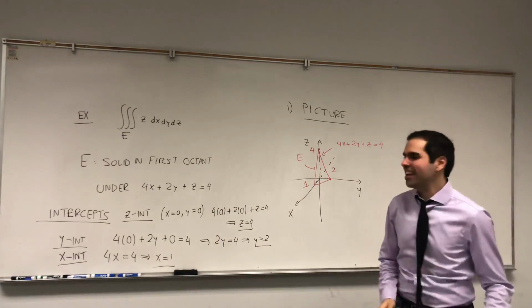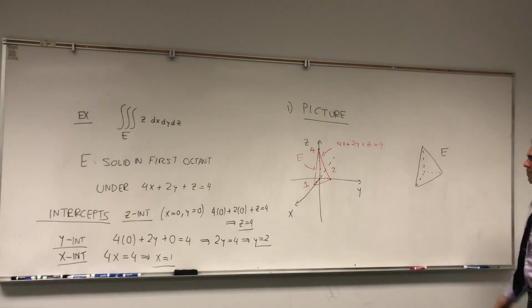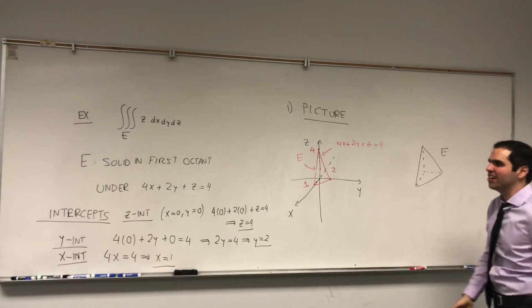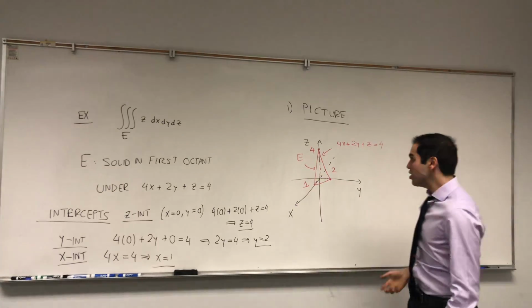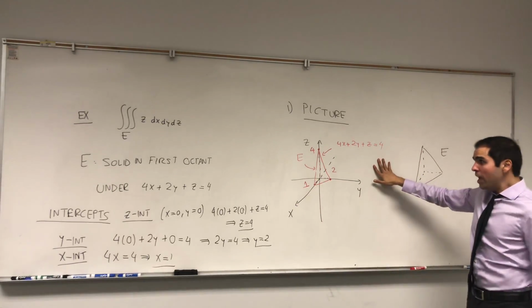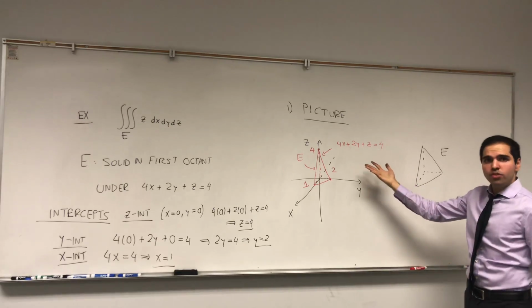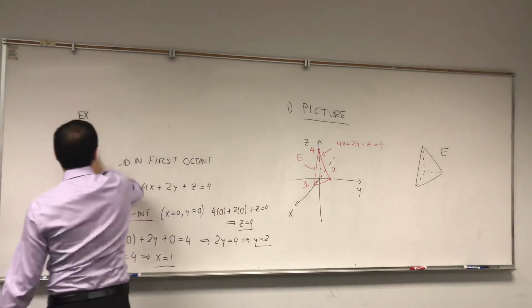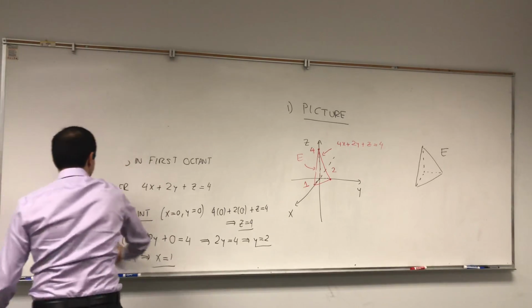So I highly recommend you watch it. But this is not why we're here today. We're here to figure out how to calculate this triple integral. We have done the first step, which is to draw a picture. And now we need to figure out where x, y, and z are.